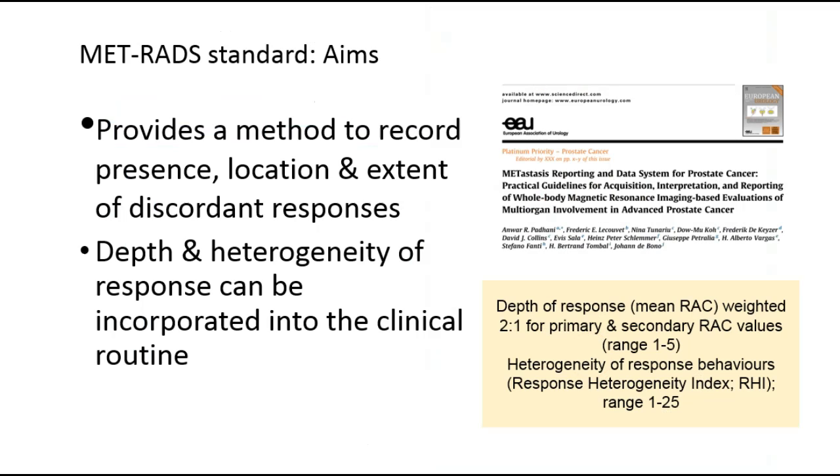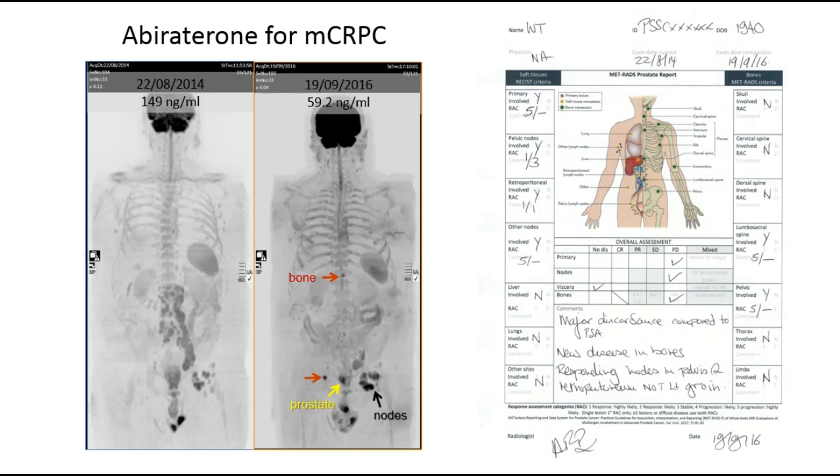Another aim of the MET-RADS standard is to provide a method to record the presence, the location, and of course the extent of discordant responses. And this enables you to gauge the depth of response and the heterogeneity of response, which can then be incorporated into the clinical routine. And here is an example. So this man has prostate cancer being treated with abiraterone.